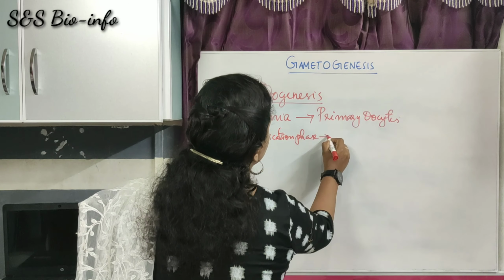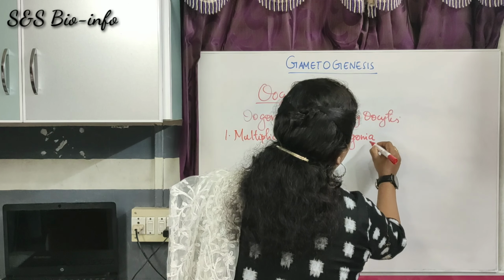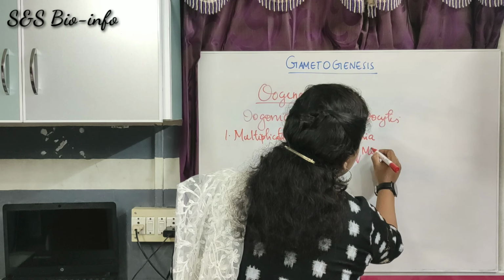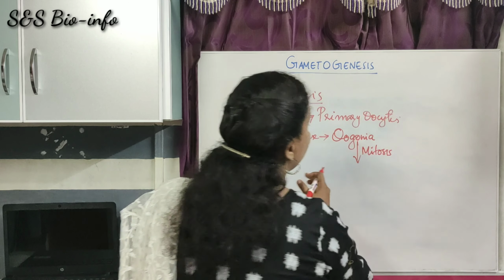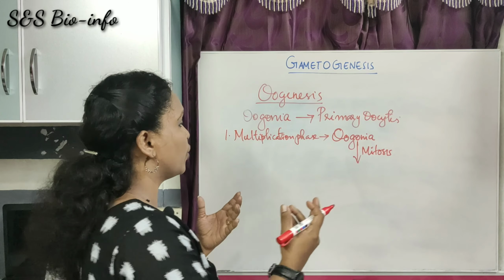During the multiplication phase, the oogonia present in the ovary begin to increase by mitotic division. So oogonia undergo what? Mitosis. So it forms many mother cells or oogonia. That means it increases in number.